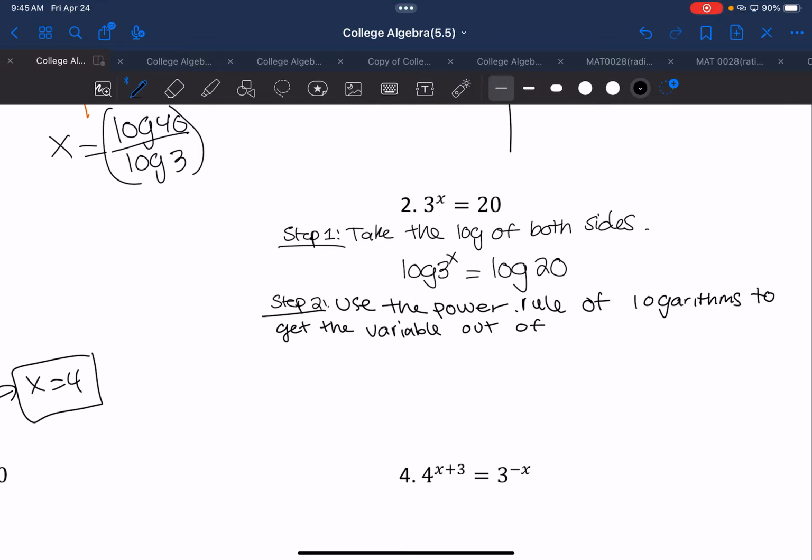I don't know how to solve an equation with a variable in the exponent, except by doing this. I have to get it out of the exponent. So that x, which is the exponent, will come out front and multiply by the log of 3.